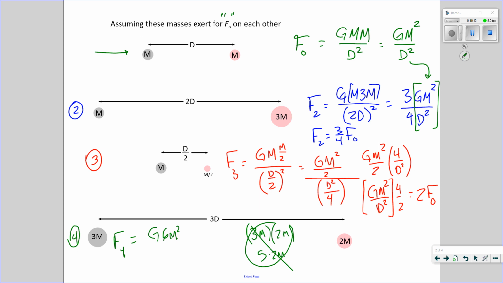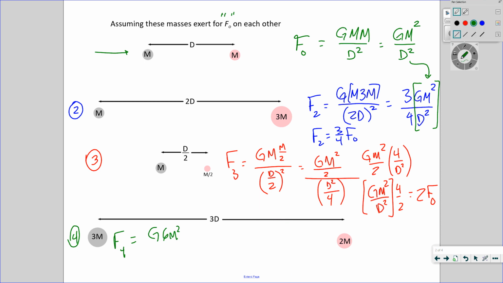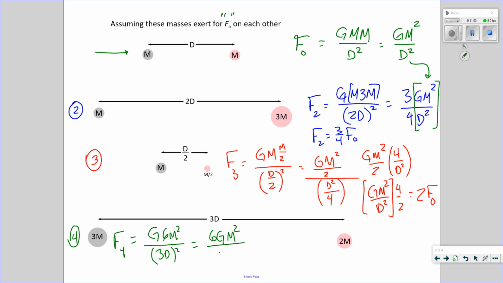Absolutely not. 3 times 2 is 6, m times m is m squared. Get all the numbers together, get all the m's together, divided by 3d, quantity squared. That's 6 G m squared over 9 d squared. That's 2/3 F naught.